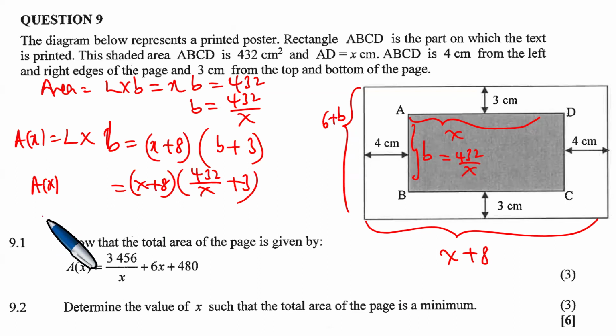If you multiply everything out, A of X is the following. X times 432 over X is 432.